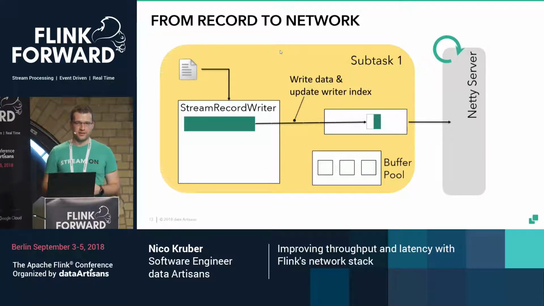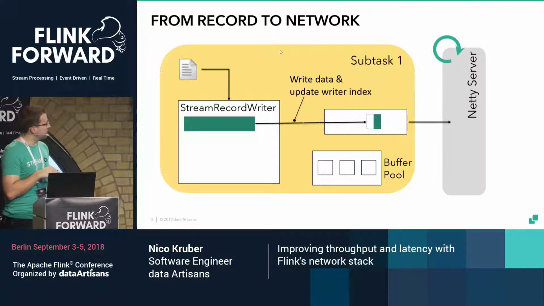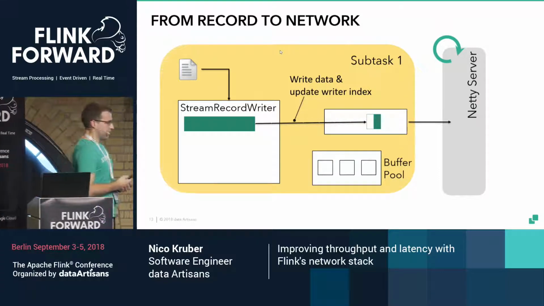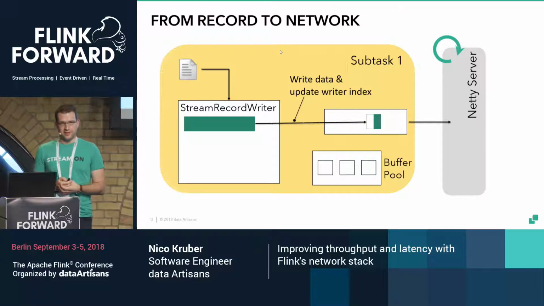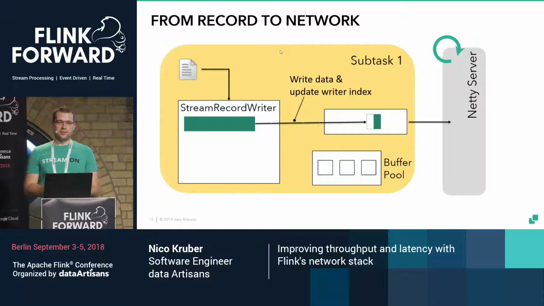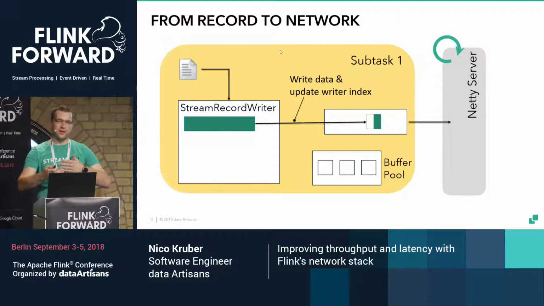And this is what we look at now. So we did write something into a buffer, and we're waiting for the next record to come in to fill that buffer. The problem with this is, well, we cannot wait indefinitely. A next record might come or might not come, but we want to have a low latency after all.